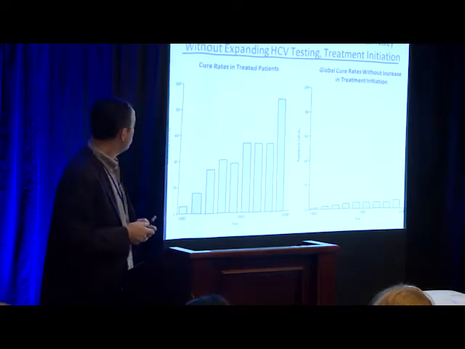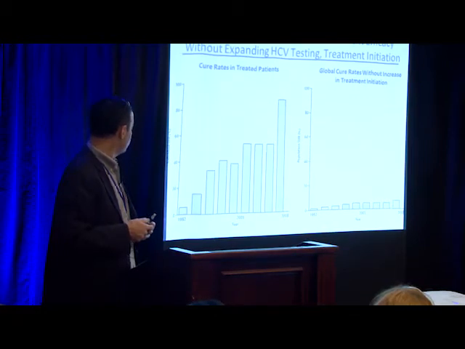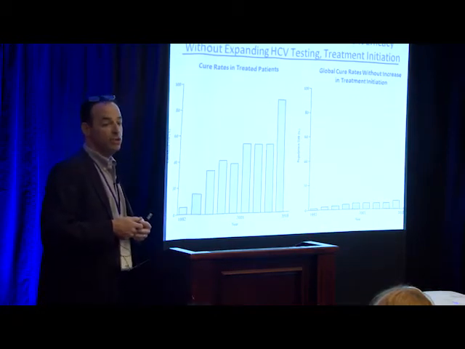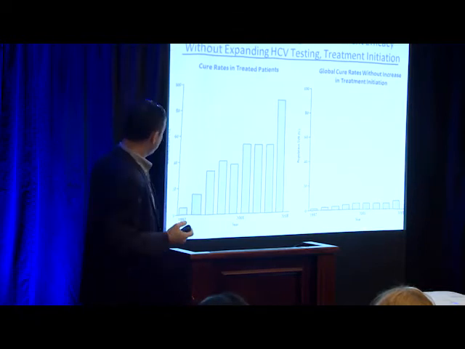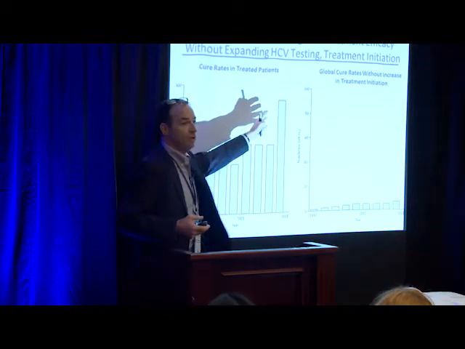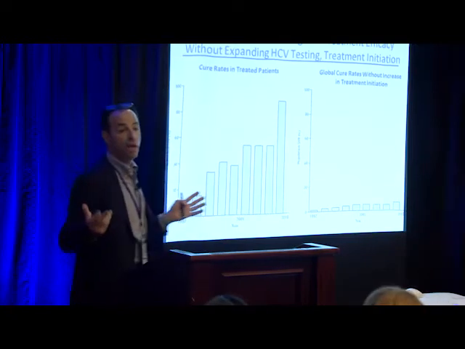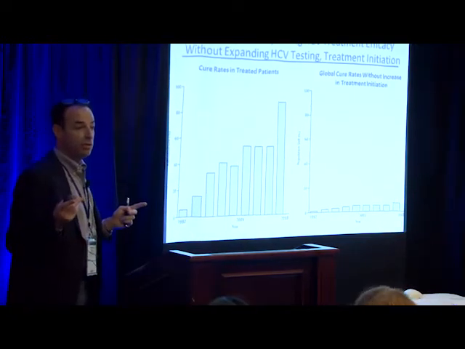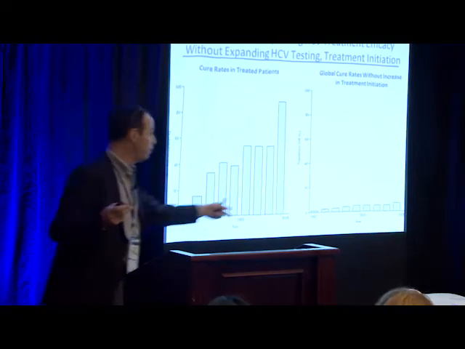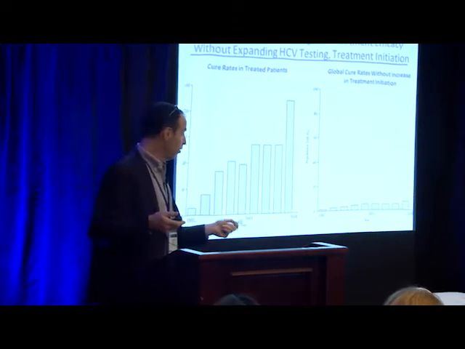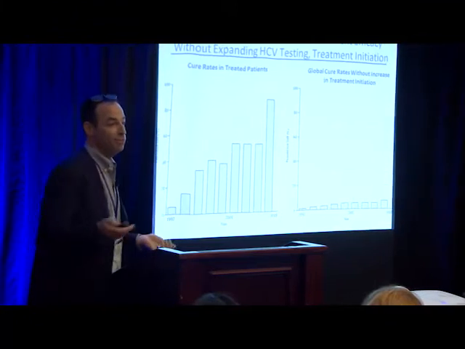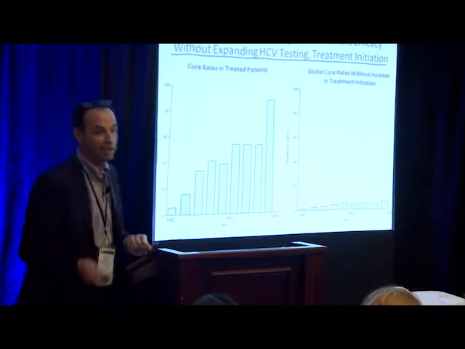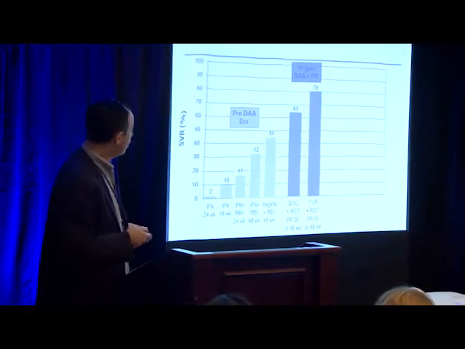And my colleague Dave Thomas at Hopkins published this a few years ago, predicting in 2010 when he published this that before 2018 we'd have regimens that could cure 90% of patients. And yet, he pointed out, if we don't change the number of people we treat, we're going to do nothing to the global impact on treatment. So having drugs that can cure 90% is great, but if you don't treat anybody, it doesn't do anything. So you got to treat people.